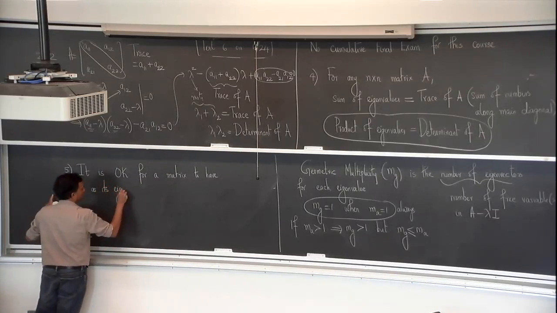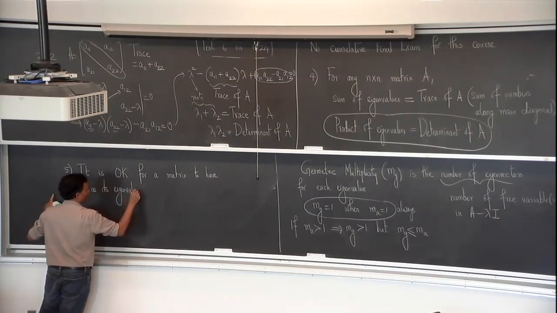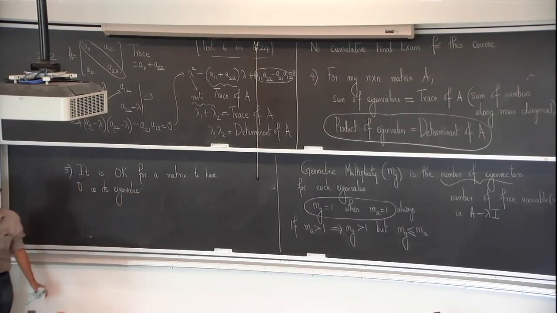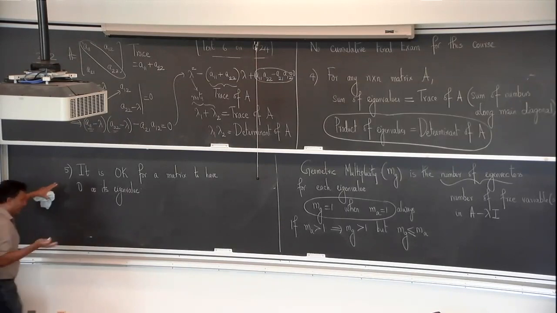There is absolutely nothing that will stop you from doing it. But what is the thing that is not okay? This is okay, but what is the thing that is not okay? To have 0 as the eigenvector. That is not okay.